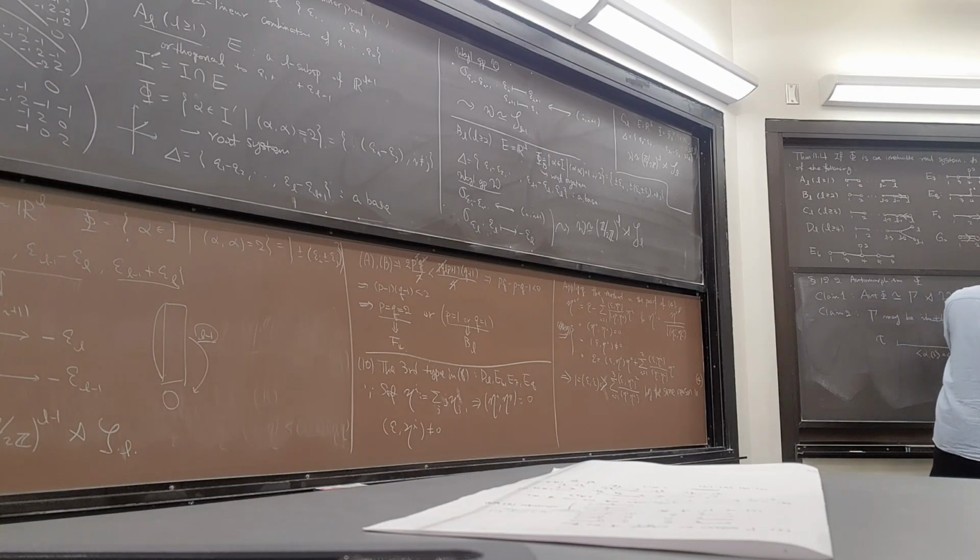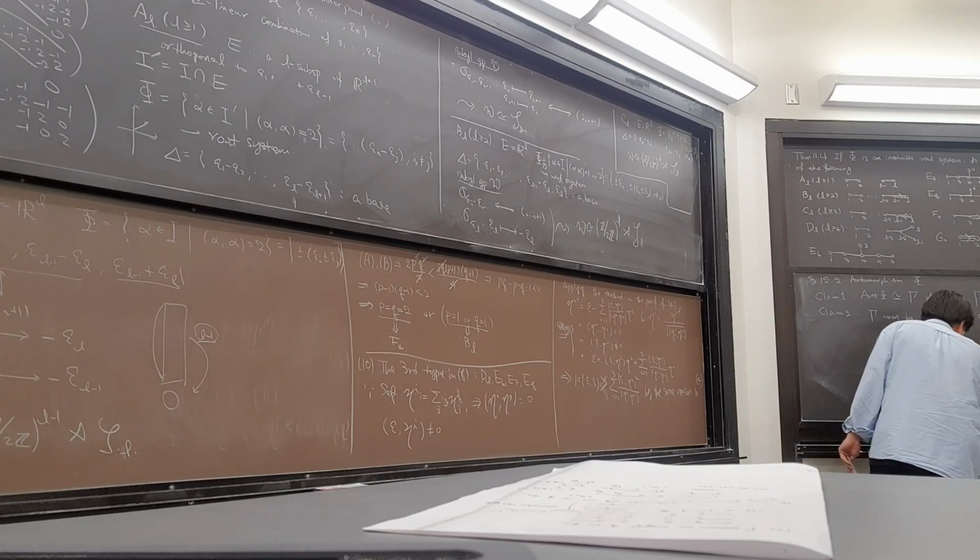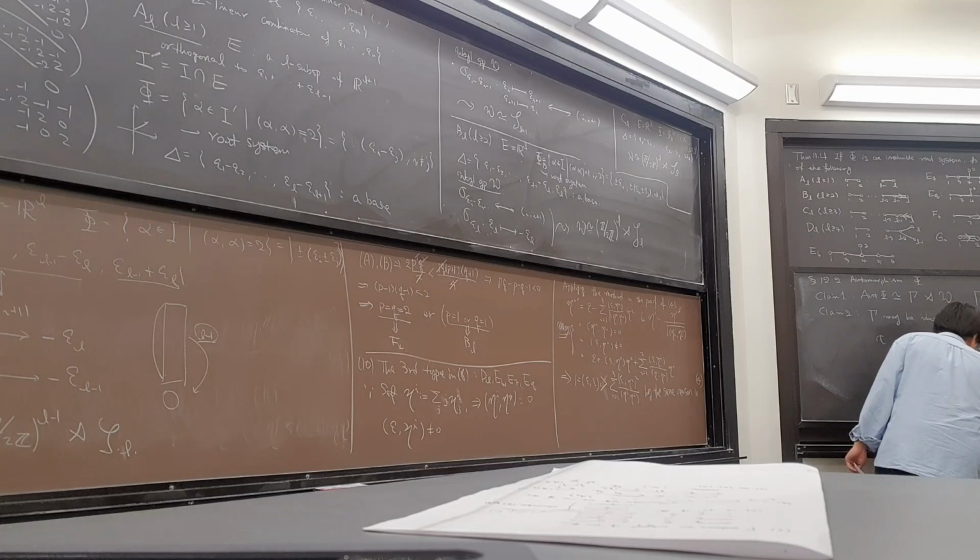Because they have the same edges, that means it is an automorphism, right? And then if there is an automorphism of the diagram, from Proposition 11.1, we know that there uniquely exists a Gamma prime in the automorphism group.